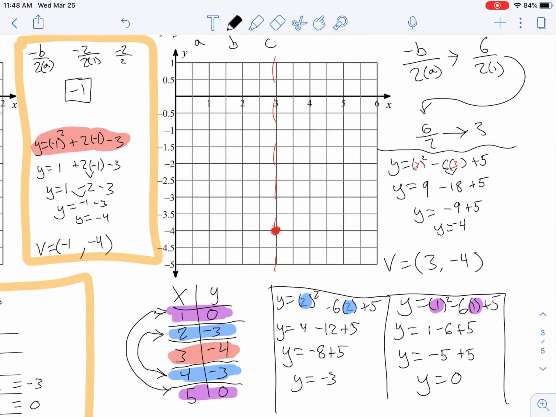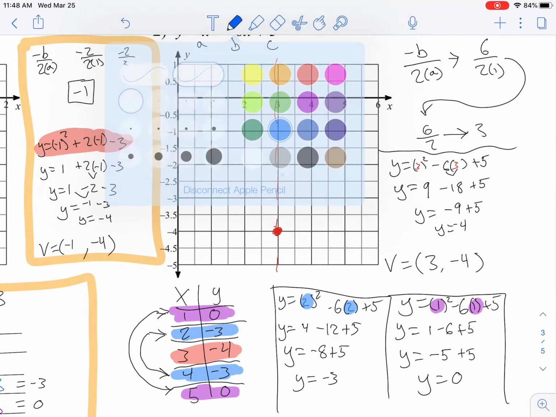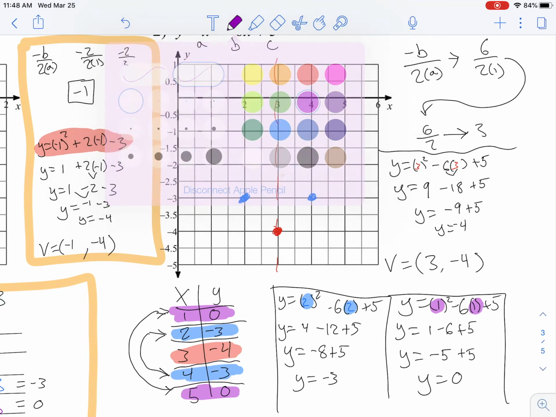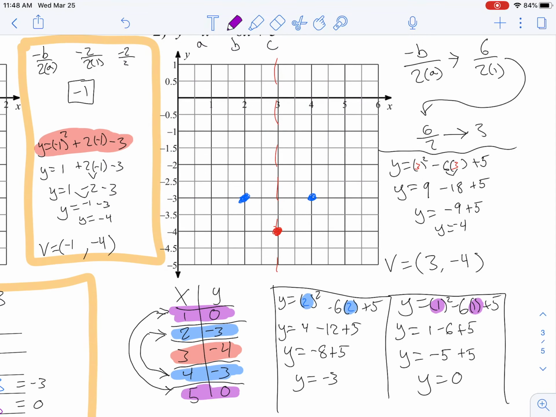So now all we have to do is plot these points. So in blue, I'm plotting 2, negative 3, 1, 2, down 3. I can also plot 4, negative 3, and if you notice, they do reflect. I can count the same amount to each. That's why we don't have to do 4 problems of math, just 2.